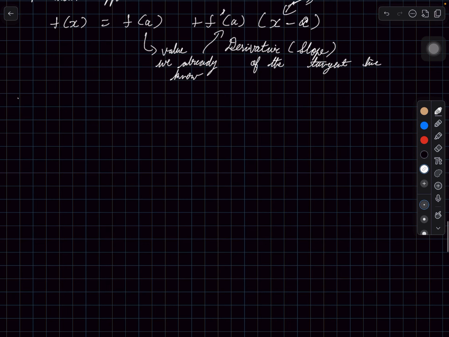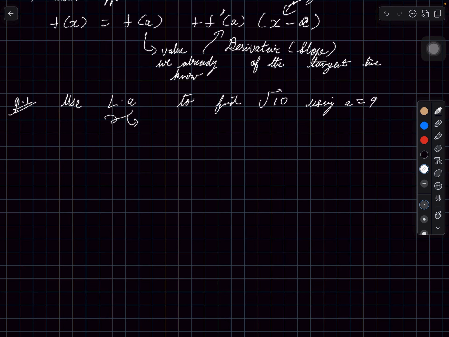Alright, so we'll take a question, and the question is: use linear approximation, I'll write it as LA, so you need to pay attention, to find root 10 using a is equal to 9.